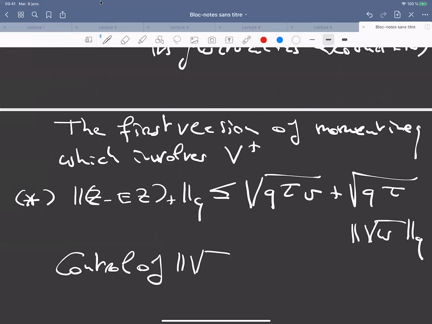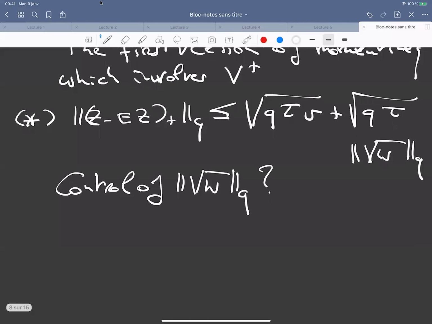The first one involves V, it's a constant, and the second one is random, it involves the square root of W. Okay. So now we have to handle the square root of W. And of course, the idea is to use the second version now.